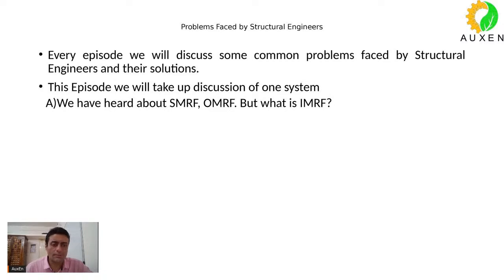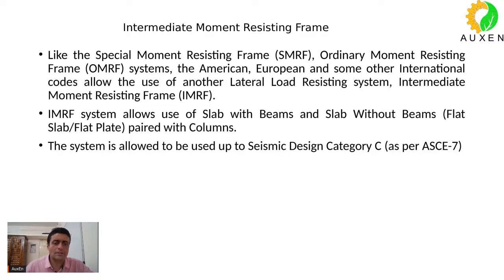So there is a special moment frame, there is an ordinary moment resisting frame, and then there is an intermediate moment resisting frame. This is quite an interesting structural system that you get in the American and the European codes. So the ACI code and the EN code allow you the use of a lateral load resisting system by the name of intermediate moment resisting frame.